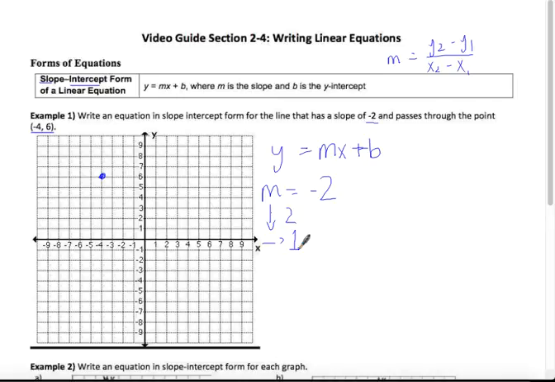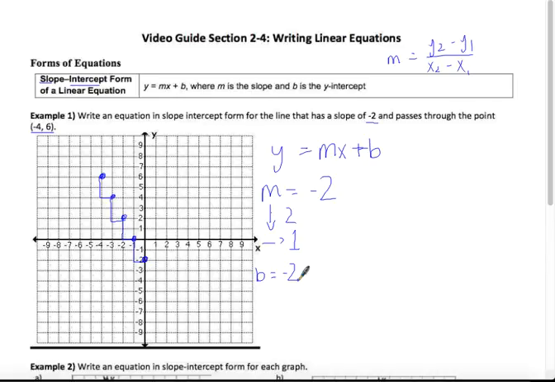Down 2, right 1, down 2, right 1. And I have my y-intercept. So from this, I can see that b equals -2. So that's one way we can do this.